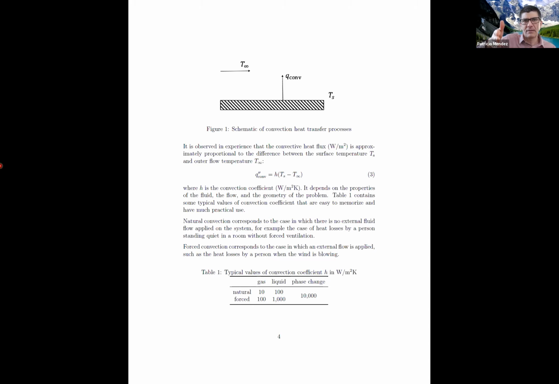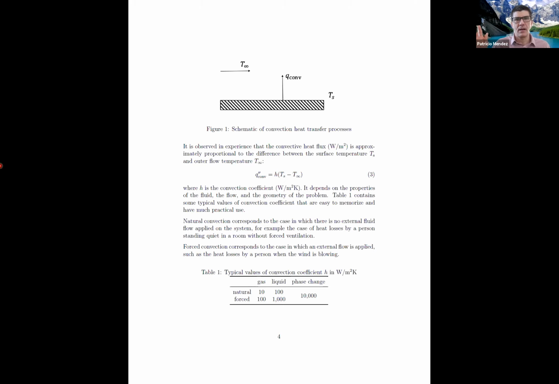Your room is at 20 degrees, give or take. And the hotter hand is heating the air around it, and you don't see it, but that air is moving up and nobody's forcing it. That motion of air causes advection, and together with conduction, that creates convection. And because there was nobody forcing it, that is called natural convection.